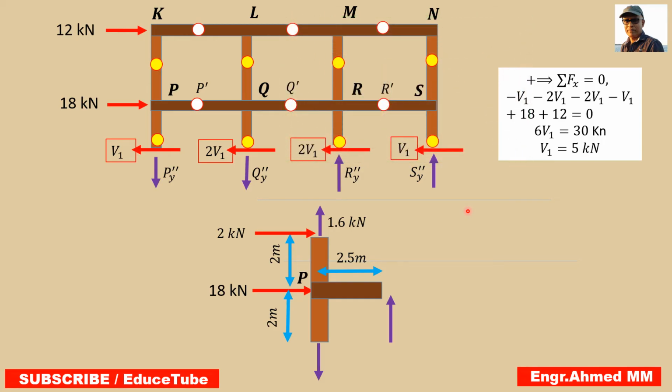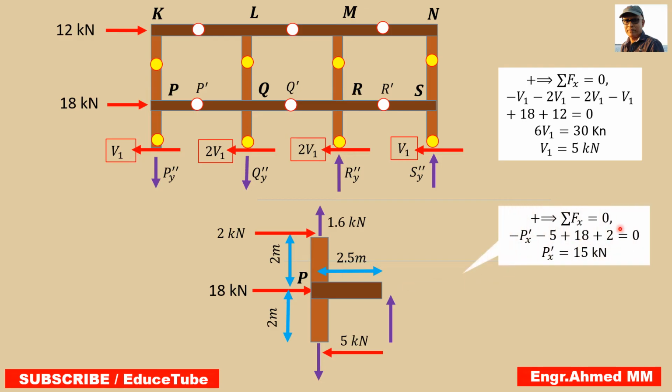We can remove it. Now we need to bring here at these positions the horizontal components. It will of course be V1. It is 5. So let's bring that. Now easily we can find the horizontal reaction component, summing horizontal forces equal to 0. So minus P prime X, that is the position here we need to find.